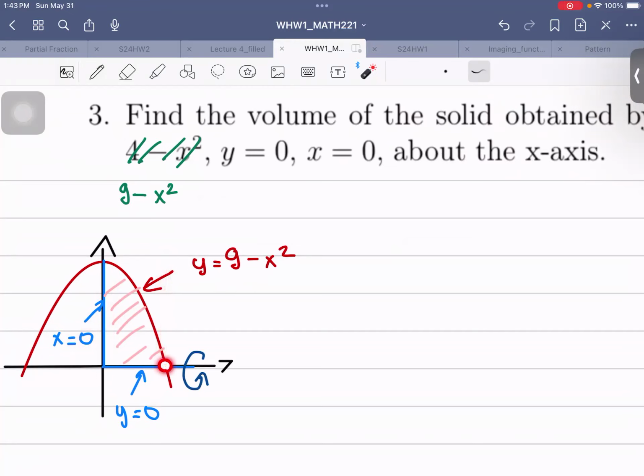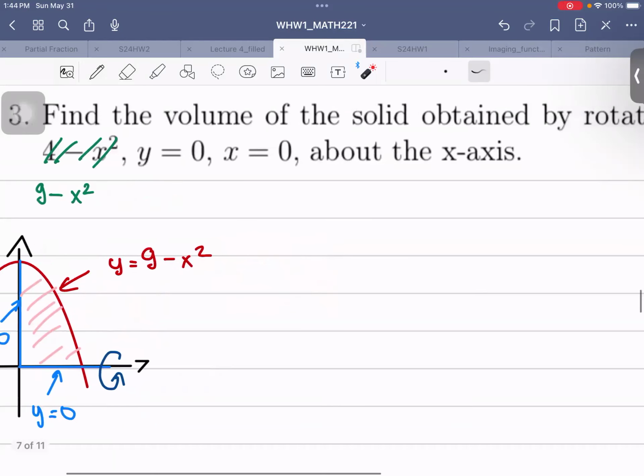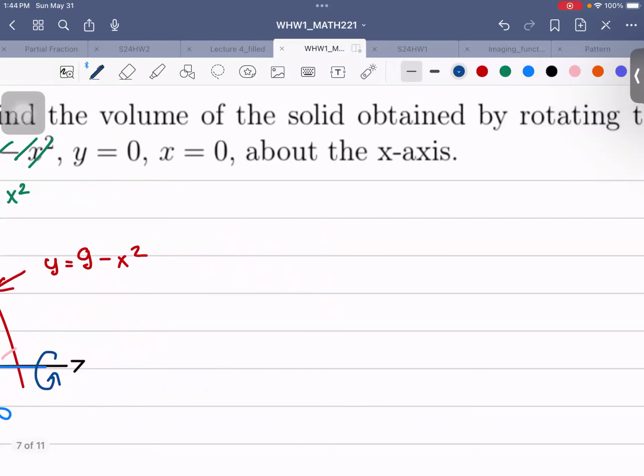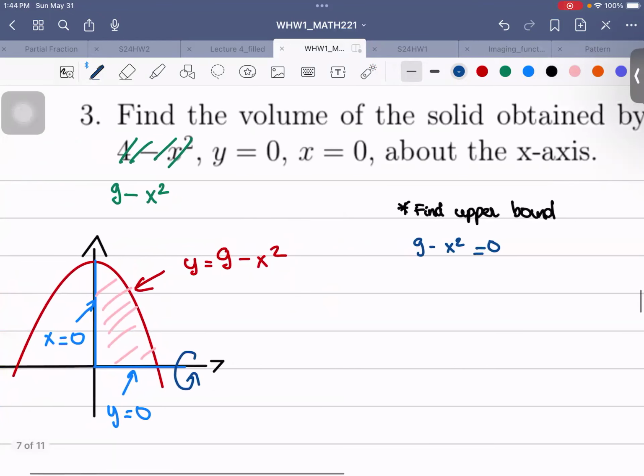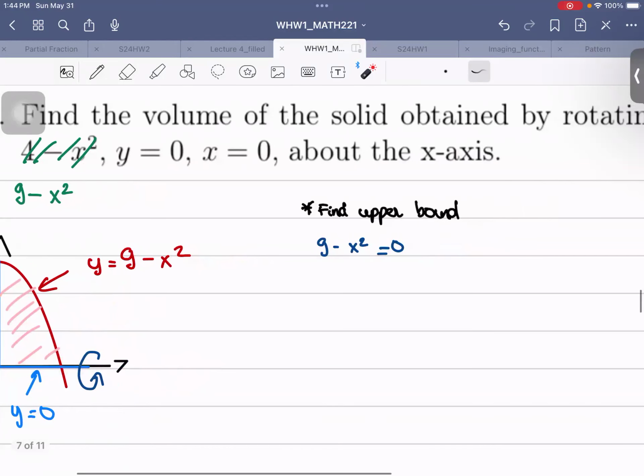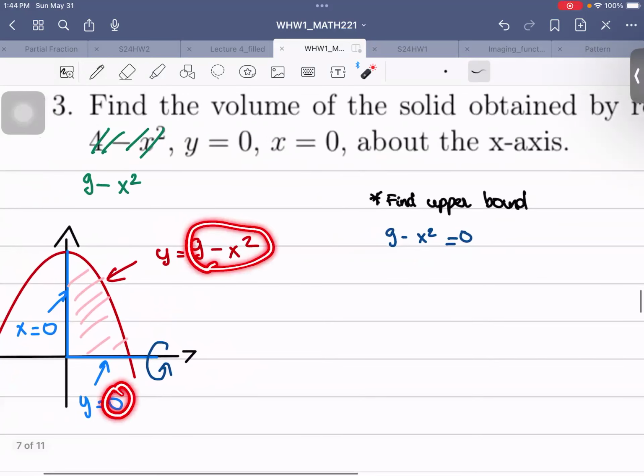And to find the upper bound, you can say that the upper bound is the intersection between the curve 9 minus x squared and the line y equal to 0. So firstly, we find the upper bound. I just simply let 9 minus x squared equal to 0, because the upper bound is the intersection between the curve and the line y equal to 0.